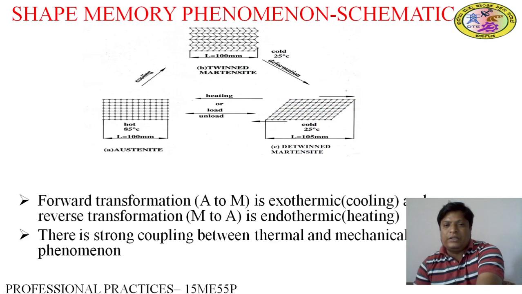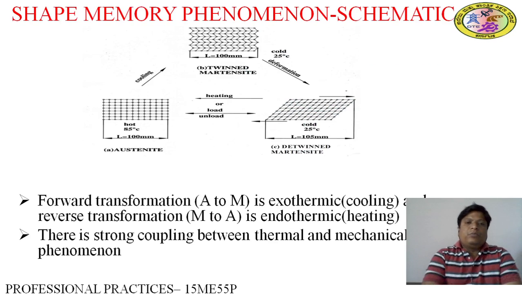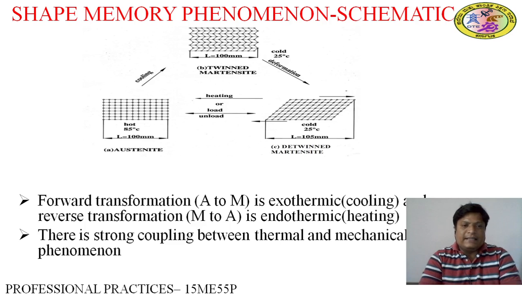Okay, let's move to the next one: the shape memory phenomenon, and how the phases are transformed. This is an inherent property. The forward transformation A to M is exothermic, which means cooling.